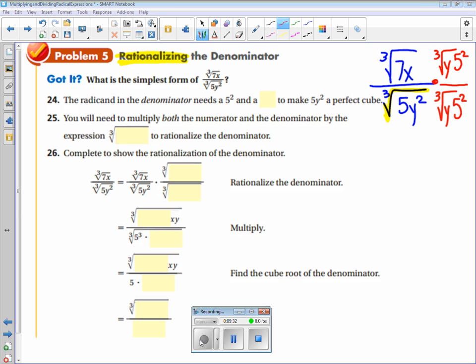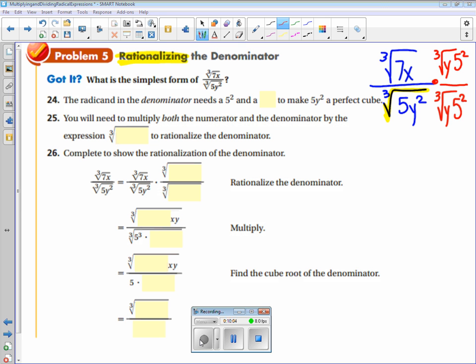What I want to do is find what will make the denominator a perfect cube, which means I'm looking for groups of 3 of things because the index is 3. So right now I have 2 y's. If I had an additional y, wouldn't I have a total of 3? Then I could bring it out and there'd be no more radicals. That's my point. I have 1 5. I want a total of 3. So I'm going to multiply by a total of 2 more.